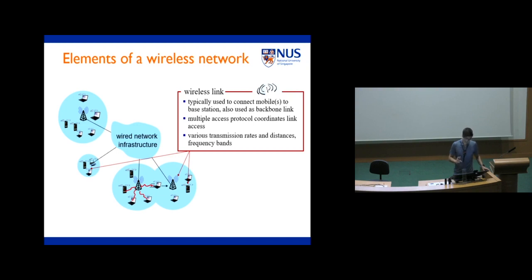Sometimes, not always, these backbone links that you see from base station to the wired network infrastructure could also be wireless. So it is possible that they have a very high rate wireless link to relay your packets to and from the larger network, larger internet.